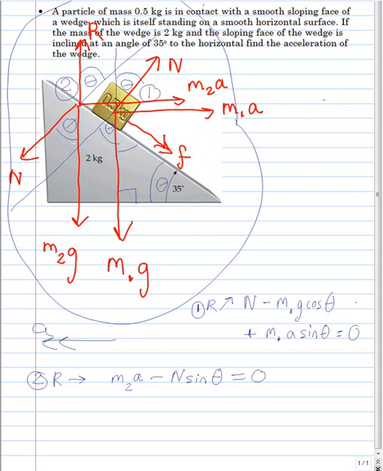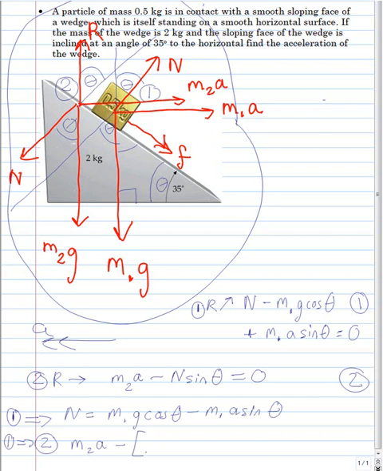So I have my two equations, equation 1 and equation 2. From equation 1, I have that N, and I substitute into equation 2 to give me m2a minus N, which is actually m1g cos theta minus m1a sin theta, and then we have the sin theta, must equal 0.